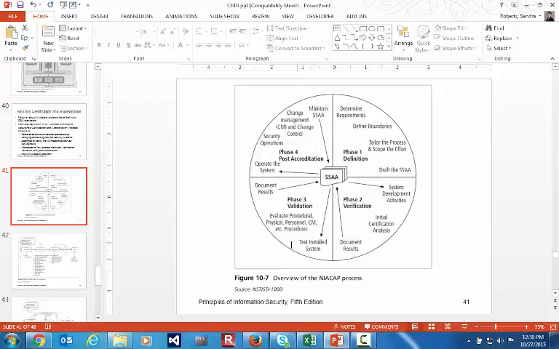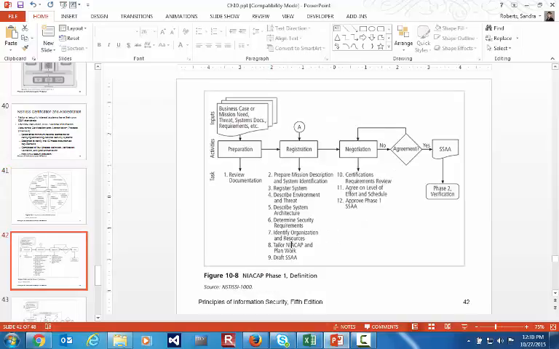Validation, test the install system, evaluate it, personnel, the physical, the whole thing, document it. Documentation needs to be through the whole thing, and then the post accreditation. Operate the system, does it work, make any changes needed, and then maintain it.